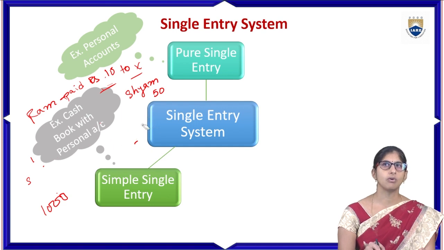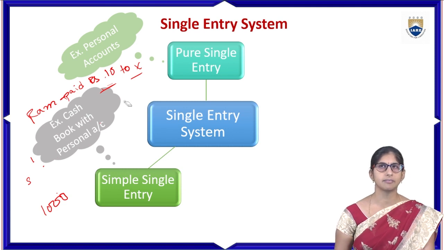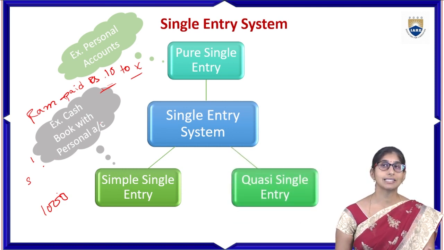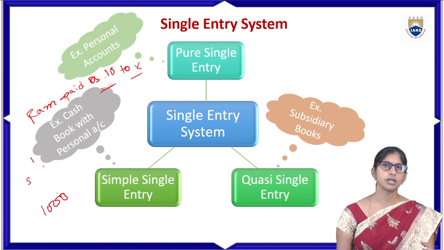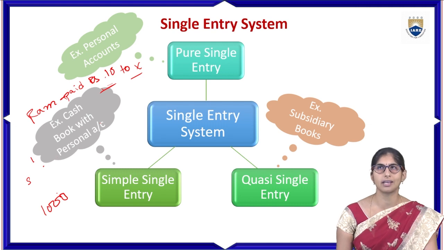Okay, and now moving on with the next type of accounting system, that is quasi single entry system. Here we maintain subsidiary books.